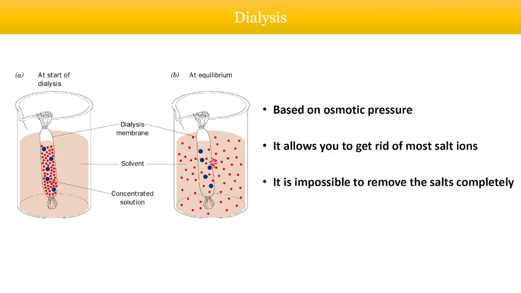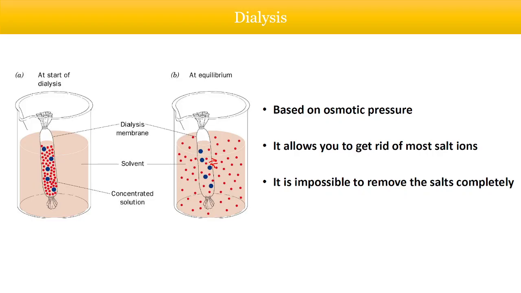The other way is dialysis. It's based on osmotic pressure. It allows you to get rid of most salt ions, but it is impossible to remove the salt completely, because it's always in an equilibrium. When the equilibrium condition is reached, the exchange stops.